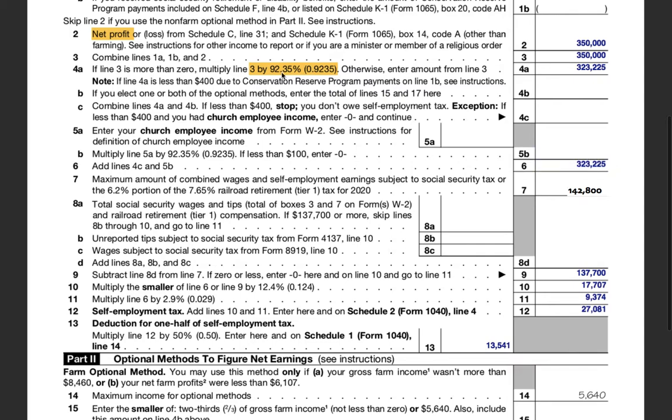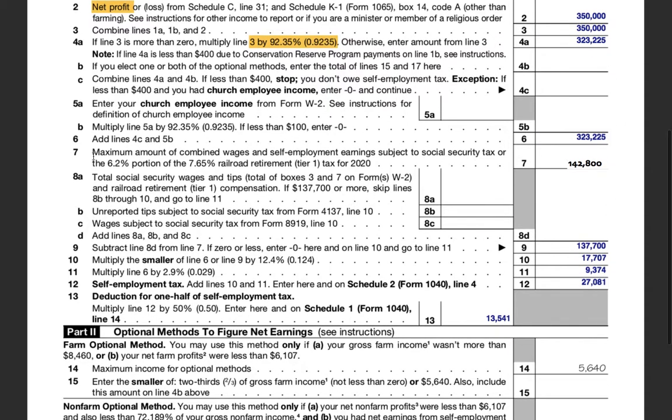We don't have anything here, so nothing with church or anything. So you get the same number, and you go to line 9. Here on line 9, we talk about this because this number is above the cap of Social Security. The maximum Social Security amount is 142,800.